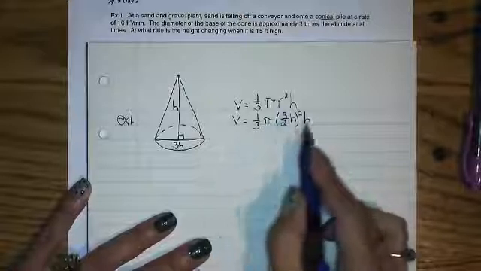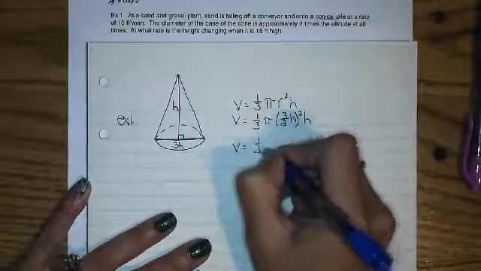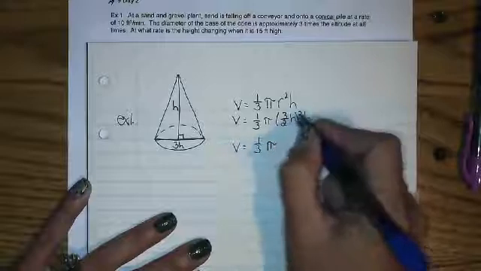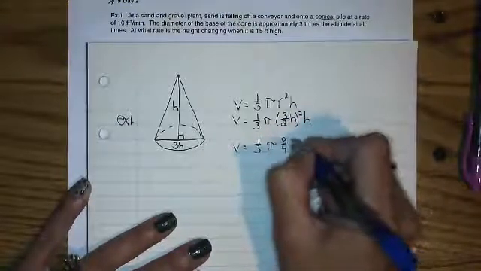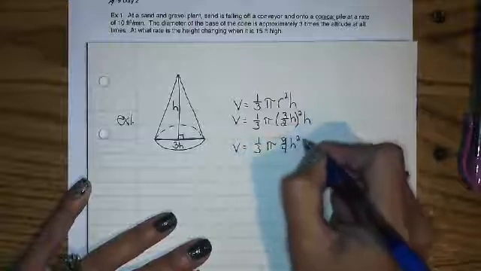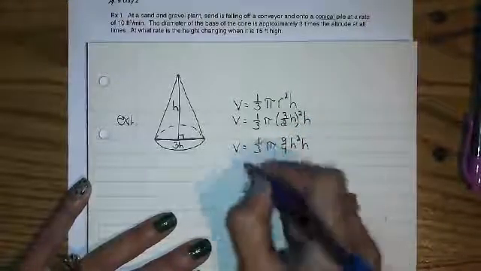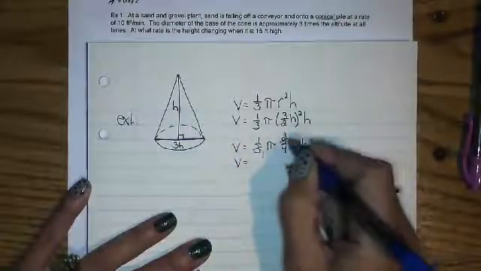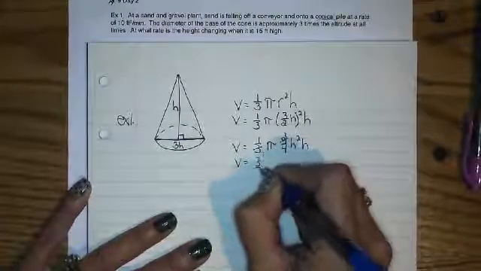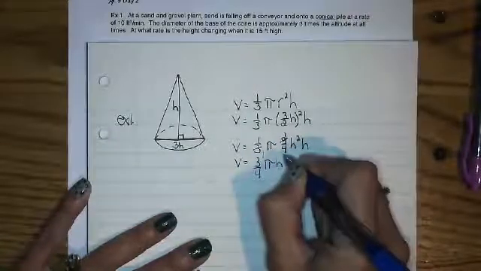Okay, so I'm going to simplify this as much as I can before I jump into derivative. So 1/3 pi, squaring everything in here, I'm going to have 9/4 h squared, and still times this h on the end. I'm going to simplify the 1/3 and the 9/4. So that will give me 3/4 pi h cubed.